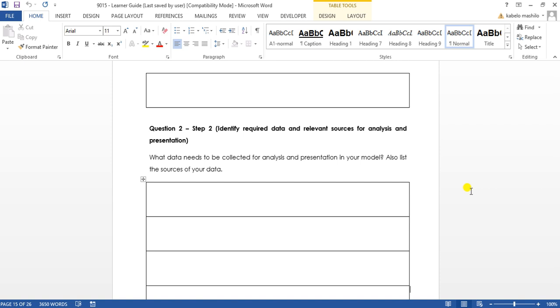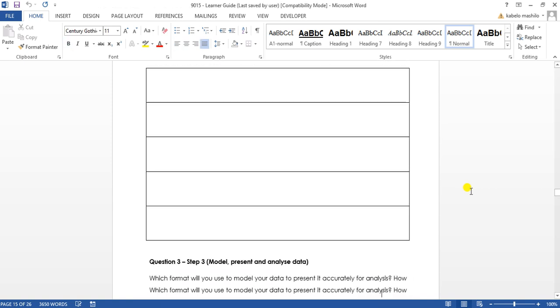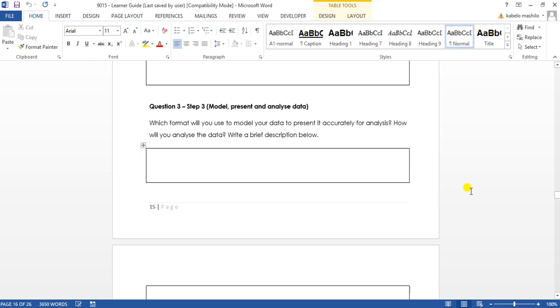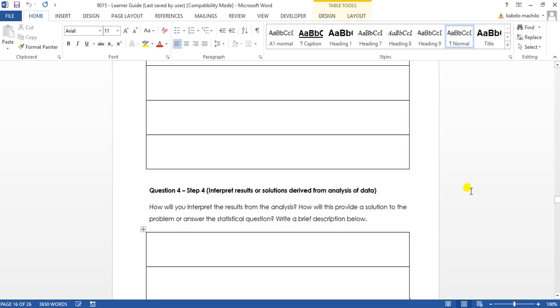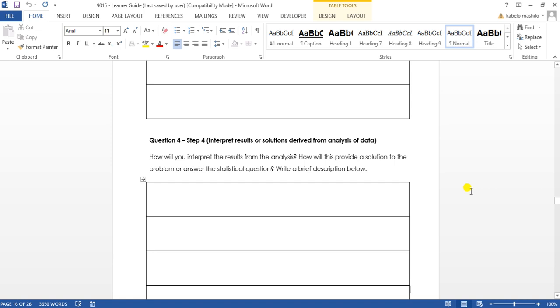Also list the sources of your data. Question 3, model, present, and analyze data. Which format will you use to model your data to present it accurately for analysis? How will you analyze the data? Write a brief description.